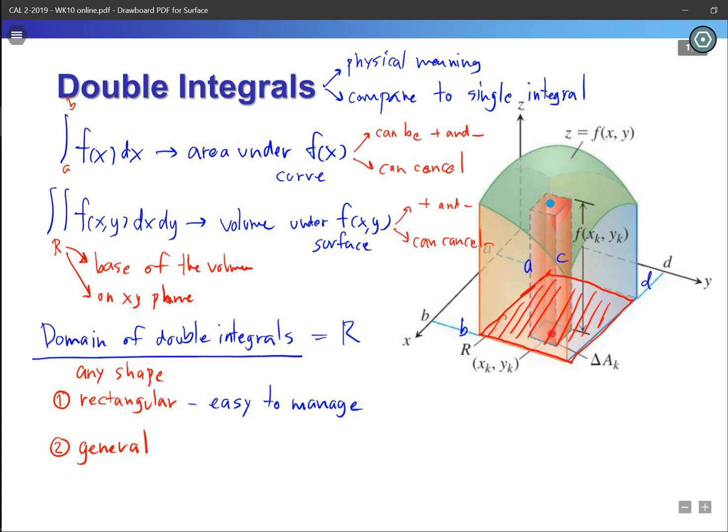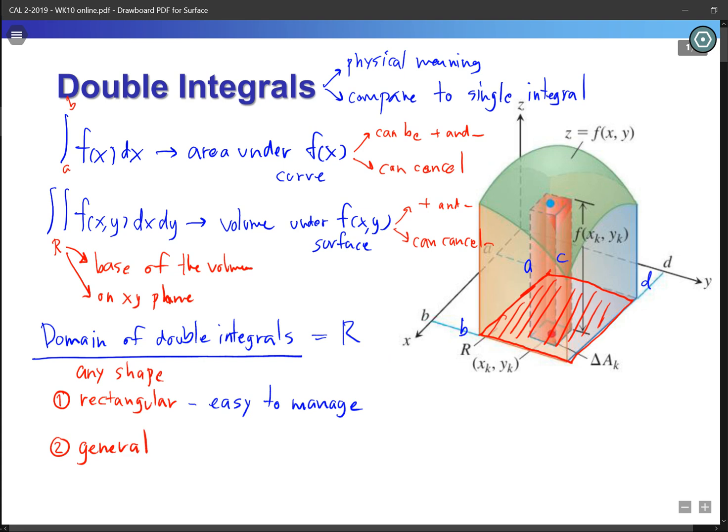I'm going to write it. So last week we worked on this, and we have this double integral of f(x, y), with respect to x first, maybe right now, and then with respect to y.